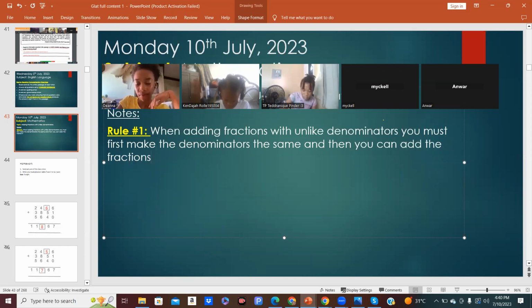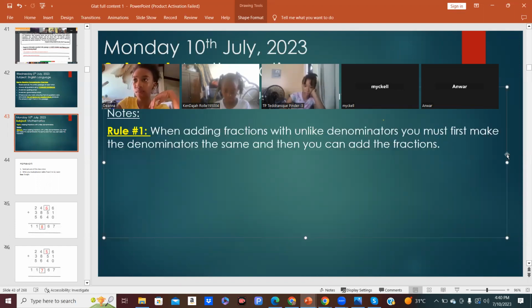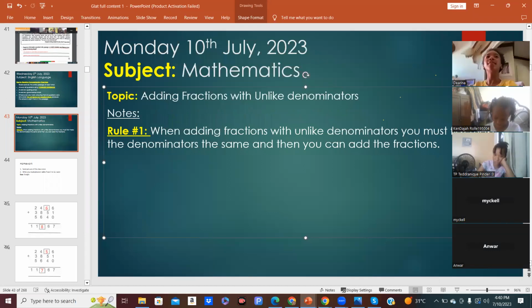So the first thing that you must do when you are adding fractions that do not have the same denominators is make the denominators the same. And then when you make the denominators the same, then you can add the fractions.